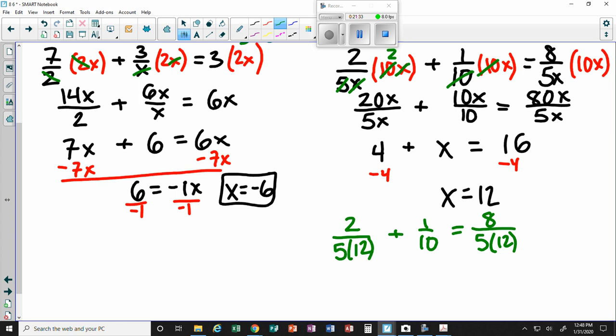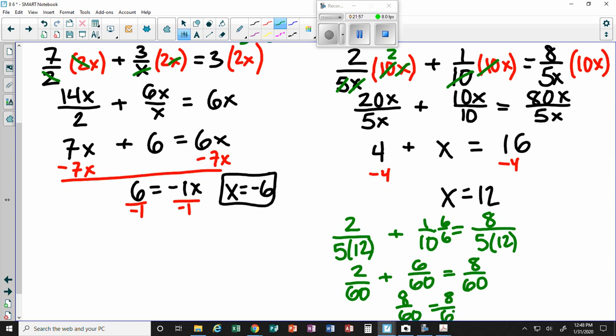So, let's see, 5 times 12 is 60, so this is 2 over 60. Well, I need a common denominator here, so I'm going to do this right now. So I need this to be 60, so I'm going to multiply by what, 6 over 6? So it's going to be 6 over 60, 8 over 60. So 2 60ths plus 6 60ths is 8 60ths.